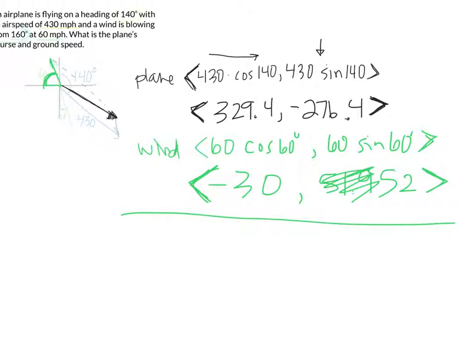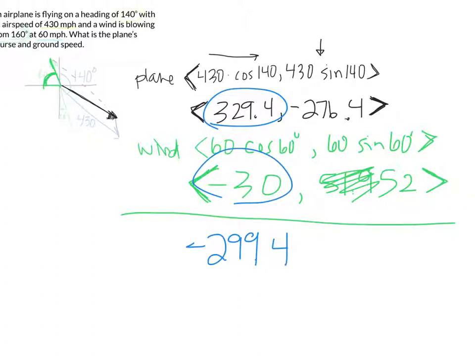Now I'm going to add these two vectors together. So 329 plus negative 30 is positive 299.4. See if I can erase that. There we go.